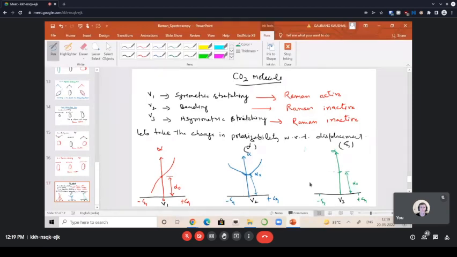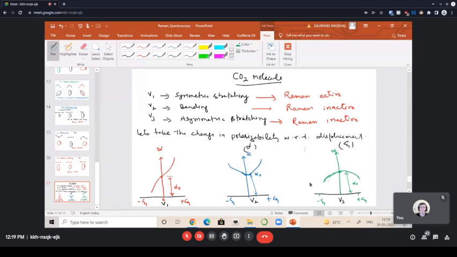So the curve will look like this. So these are the three different curves for the polarizability versus displacement coordinate.